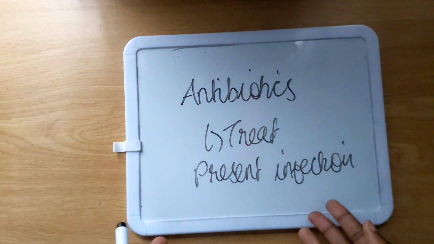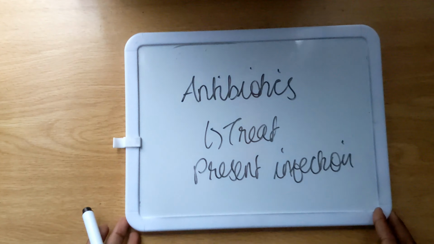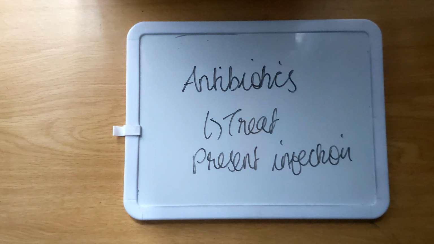Because of that, you want to ensure that you give antibiotics in case there is that infection. So if it's an infection that's causing the DKA, then you have to find out what infection it really is, and then you give your antibiotics accordingly. Otherwise, this is the management of DKA.